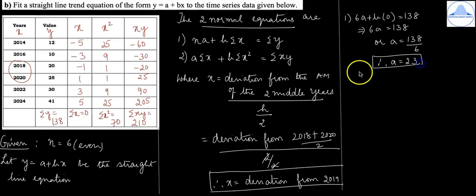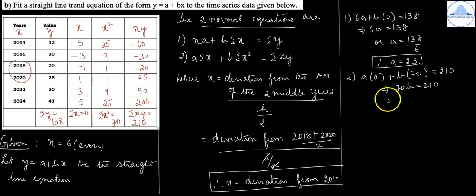Now take the second normal equation and we'll find out what is b. So it is a into 0 plus b into 70 is equal to 210, which implies 70b is equal to 210, or b is equal to 210 divided by 70. So you'll get b is equal to 3.